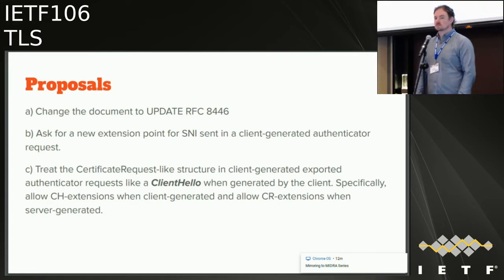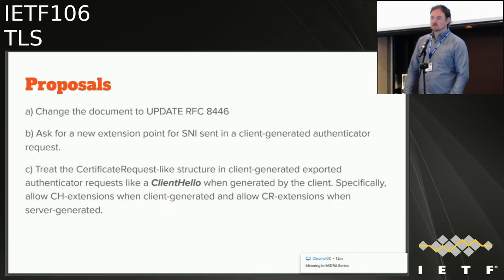I think this is the simplest way to manage this by simply saying that, yeah, this is the client asking for a certificate. That's exactly what it does with a lot of the extensions in the client hello. There are some in here that won't make any sense, key share, for instance, but you just ignore those ones. It's fine.